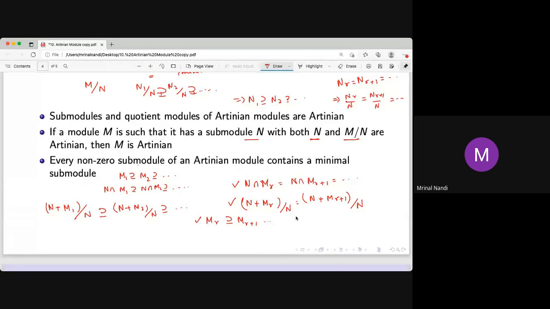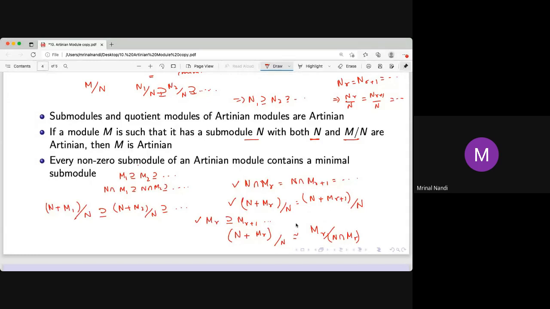And these three conditions hold, and we know there is a theorem from a previous lecture: this quotient by N is isomorphic to Mr quotient by N intersection Mr. This is always true for any submodule.